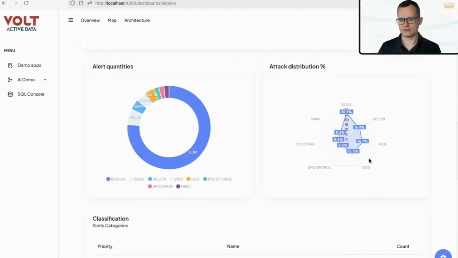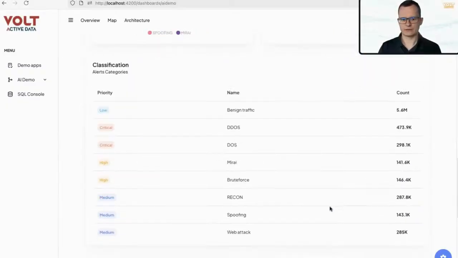Our visualization tool is just checking with the VoltDB cache with some materialized views what is actually the most common attack in the network. Here we have also some classification for the priority of specific alert categories. This is the way we configured it, but of course you can configure your own setup.